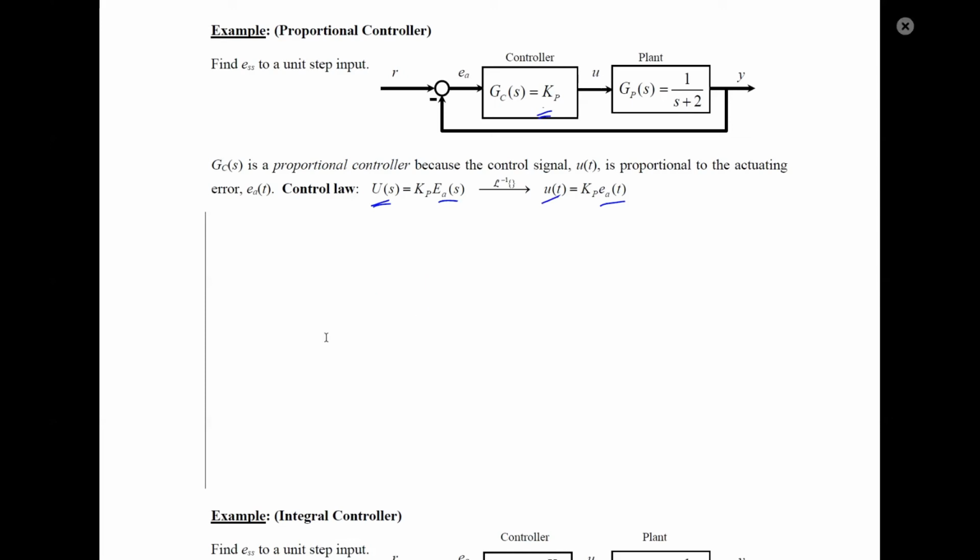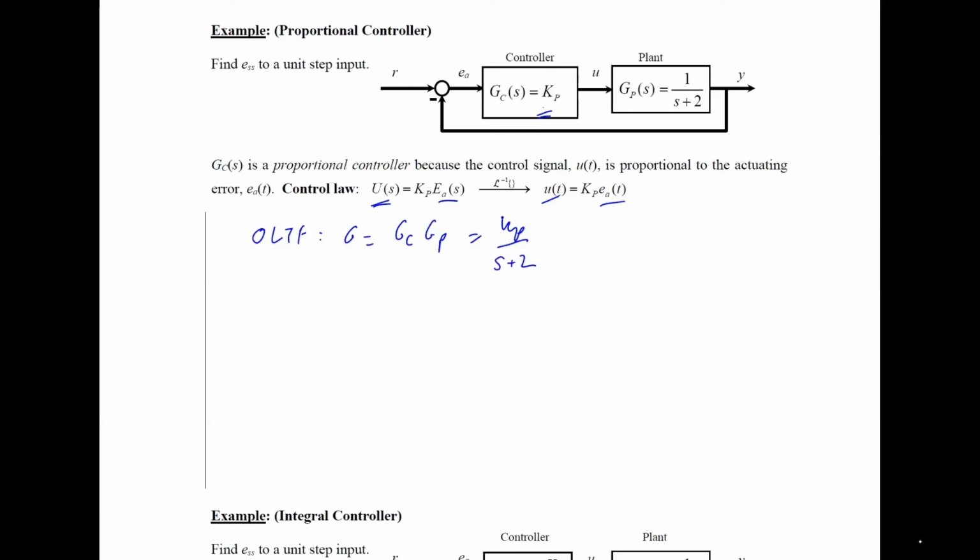If you are trying to look at the type number of the system, we have to look at the open loop transfer function. The open loop transfer function for this system, G, is equal to Gc times Gp, so the controller transfer function times Gp, which is Kp over s plus 2.